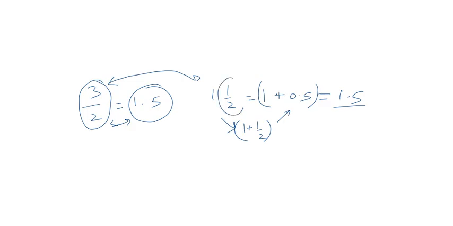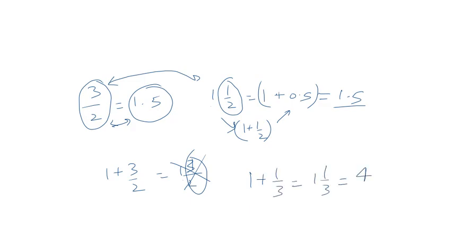Since it is a proper fraction, that's why it is direct dividing. If you add this, it cannot be written as this. This is wrong, because an improper fraction with a number is not represented like this. But if it is a proper fraction, you can represent it as this, this, one and the same thing.